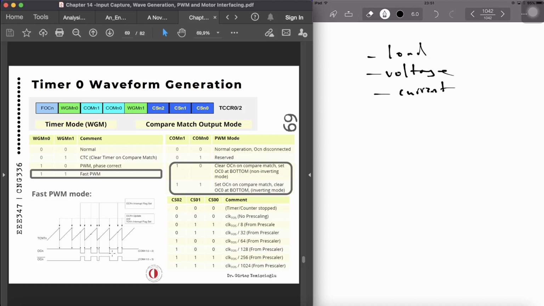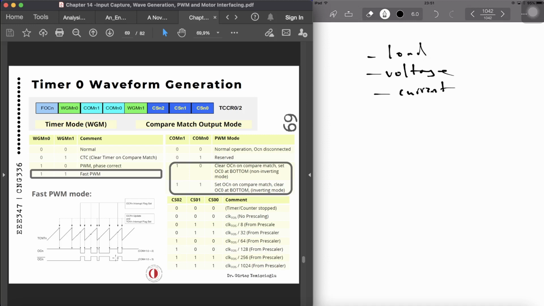And in the inverted PWM mode, when the value of OCR0 increases, the duty cycle of the generated wave decreases. So once again, in the non-inverted PWM, which is the top one, the duty cycle of the generated wave increases when the value of OCR is increasing. So when we have a bigger value, as you can see over here, the duty cycle increases.